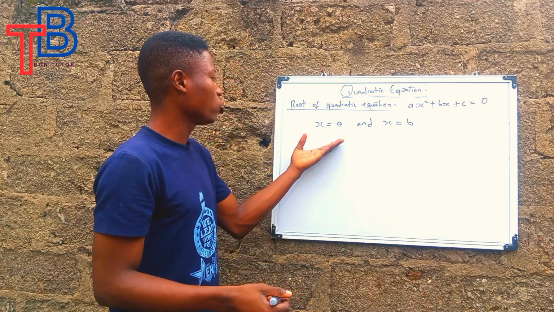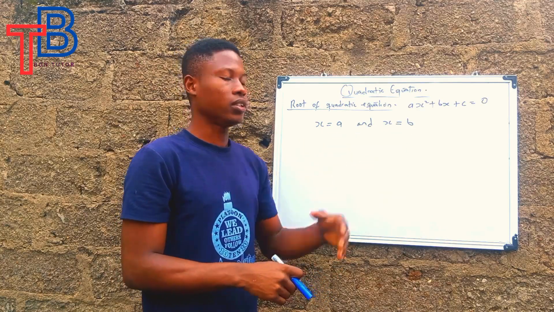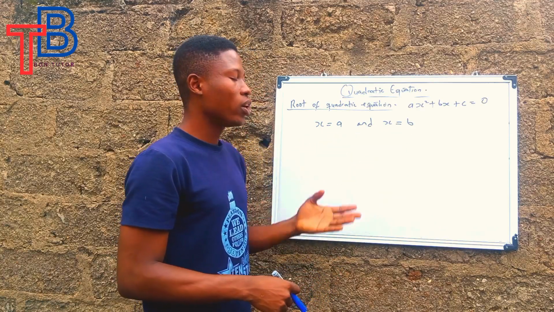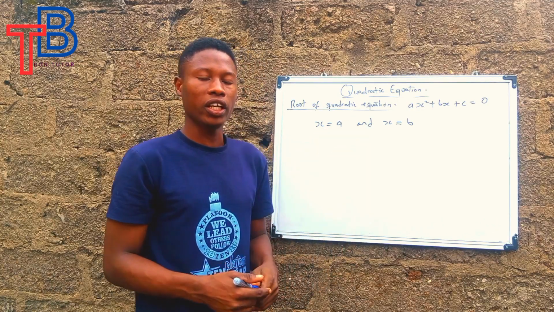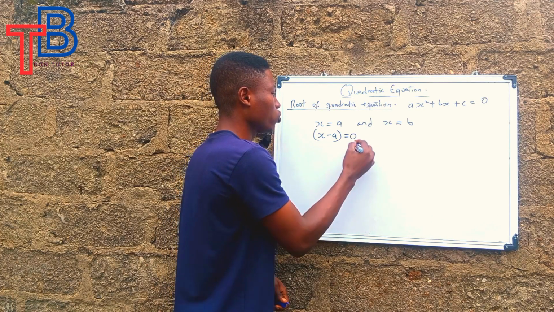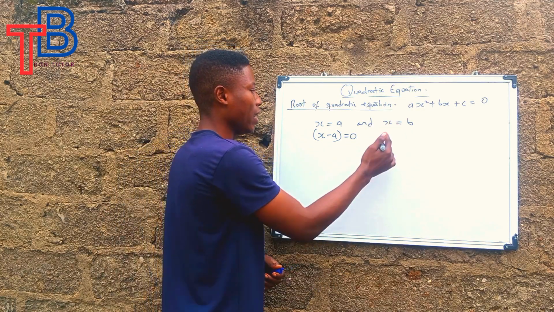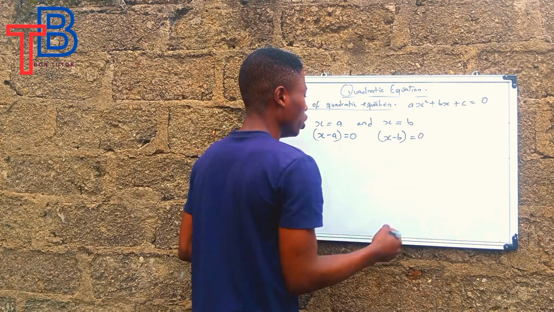That is, let's assume that the answer we get for x in an equation is positive, which means if we are to go back to the way we had before we get the answer of our x to be a, our x here will be equals to x minus a equals 0, and our x here will be x minus b equals 0.